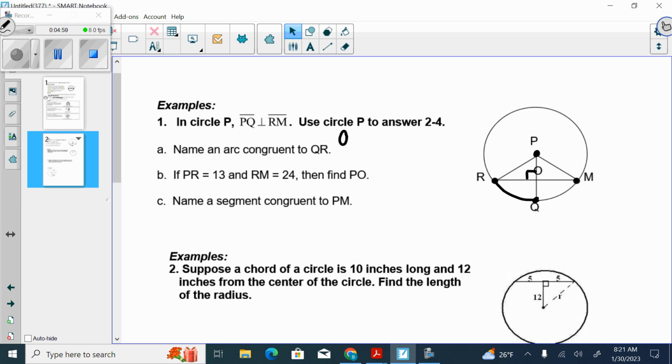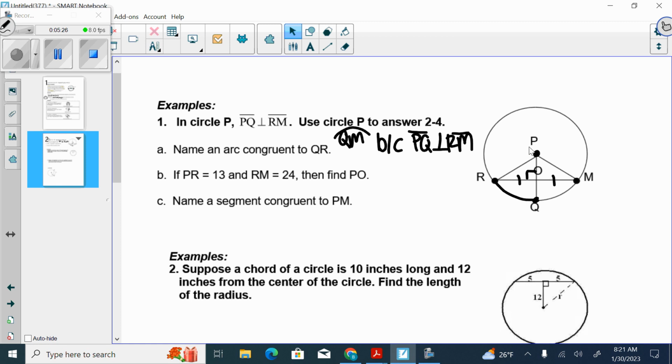Okay, so we can say that it would be RQM. Our reason would be because PQ and RM are perpendicular. So because these were perpendicular, we knew that that meant those two pieces were congruent, according to that second theorem from the front page.